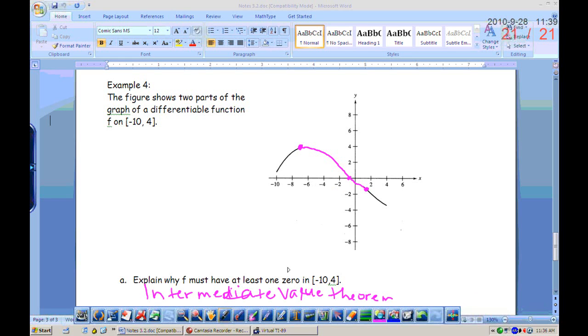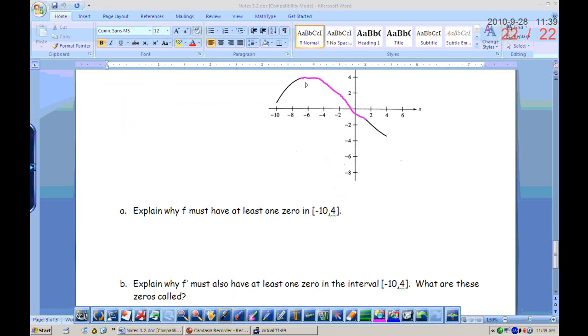Okay, part B, explain why f prime must also have at least one 0 on the interval. And what are these zeros called? Okay, there is a maximum if you look at that. But how can I use the mean value theorem to prove that f prime must have at least one 0?